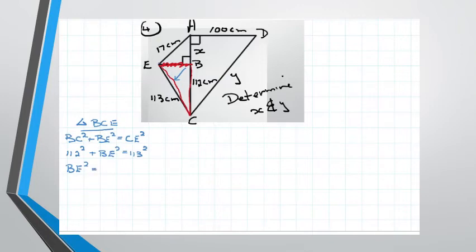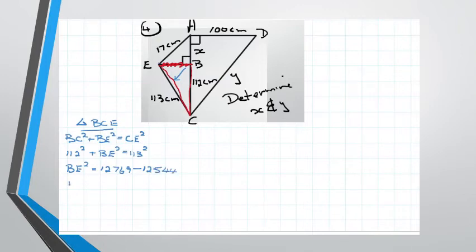Therefore, 113 square on the right is going to give me a value of 12,769. The 112 square minus it on the left, of course. What I do left, I do right, minus, and the 112 square is going to give me a value of 12,544.